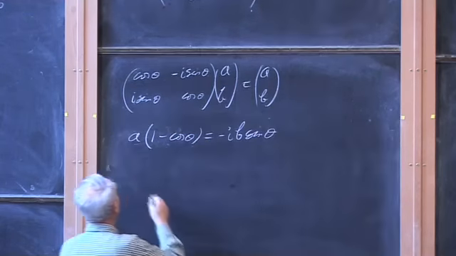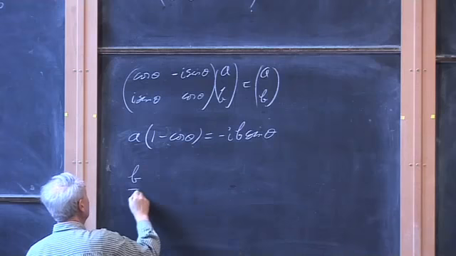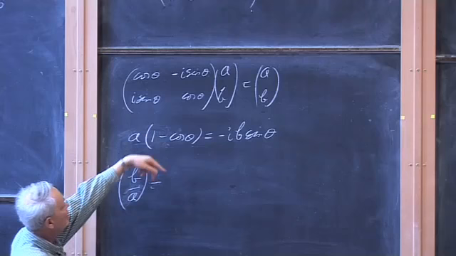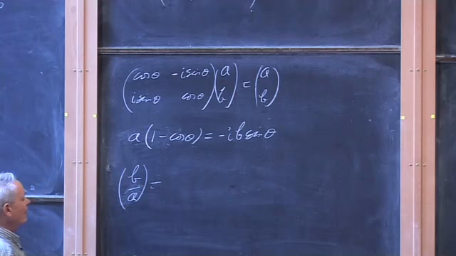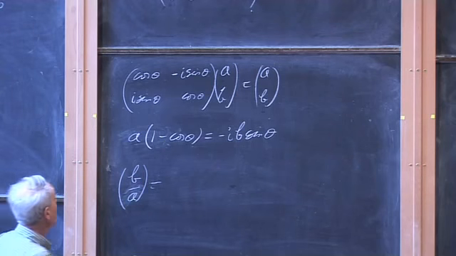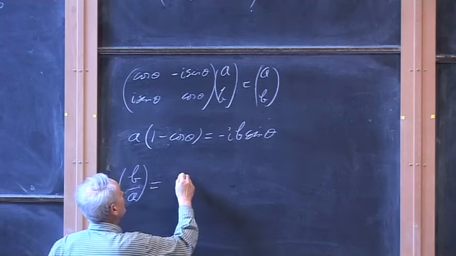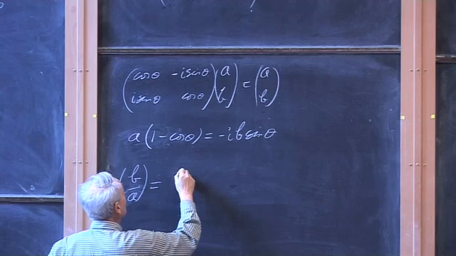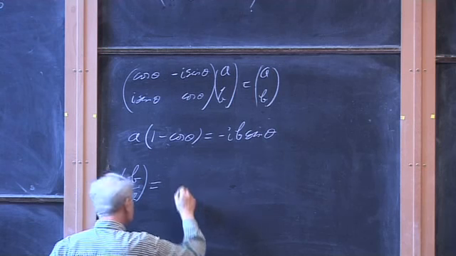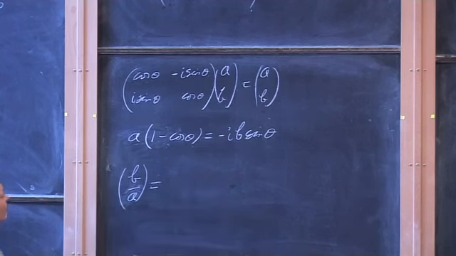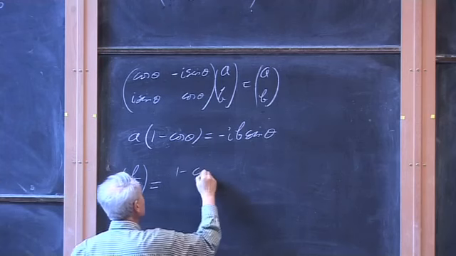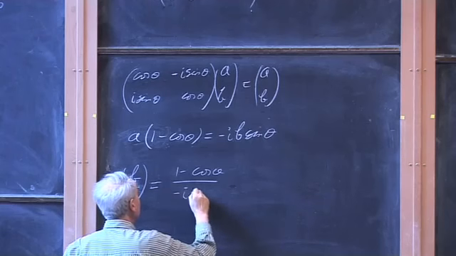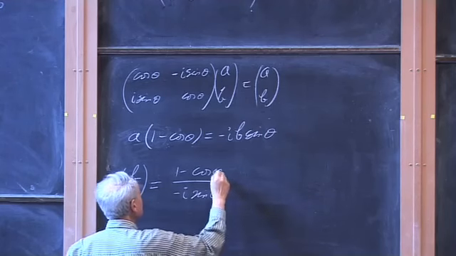In other words, we're going to have that B over A, and it's only the ratio of A to B that I can determine out of this, the absolute values have to be determined from a normalization condition, is equal to 1 minus cos theta over minus i sine theta.